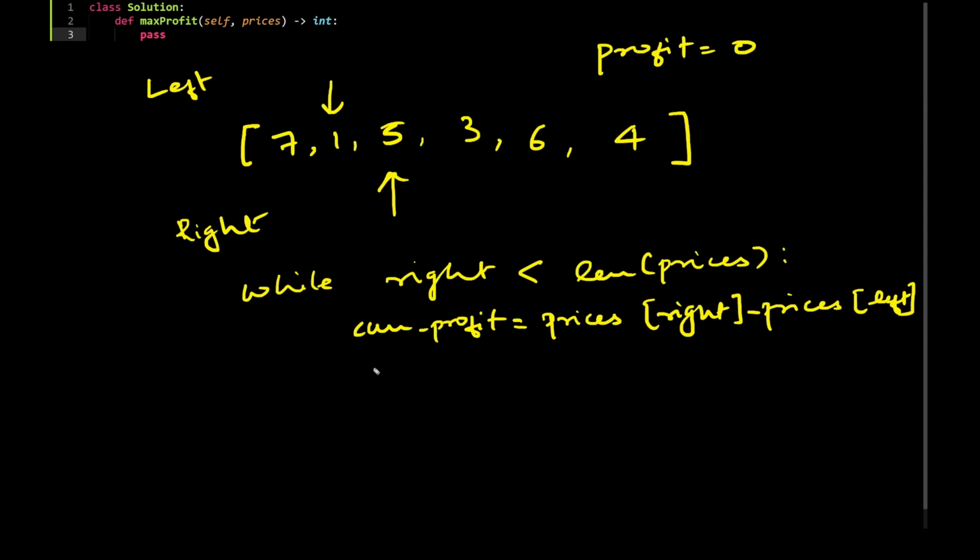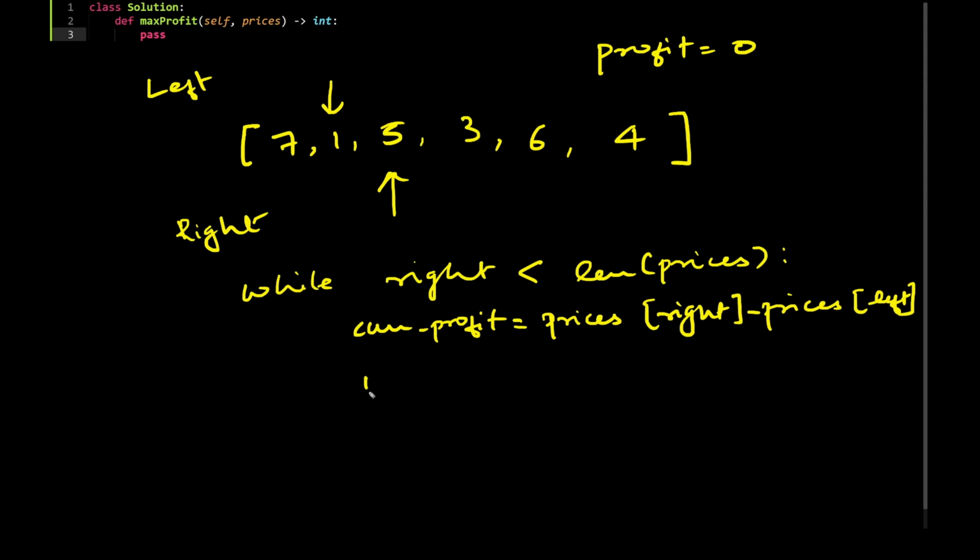And I would want to check if the value at the left pointer is less than the value at the right pointer. In that case I would want to update the profit to the current profit, assuming the current profit is greater than the profit that I already have.